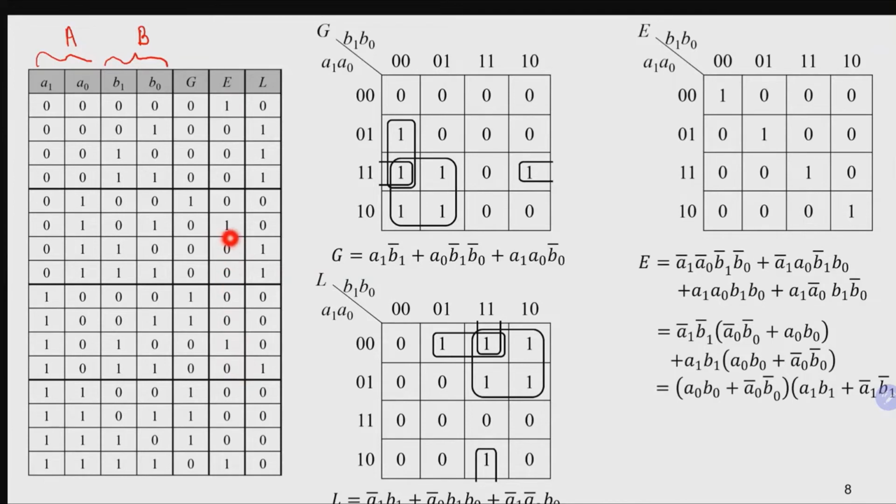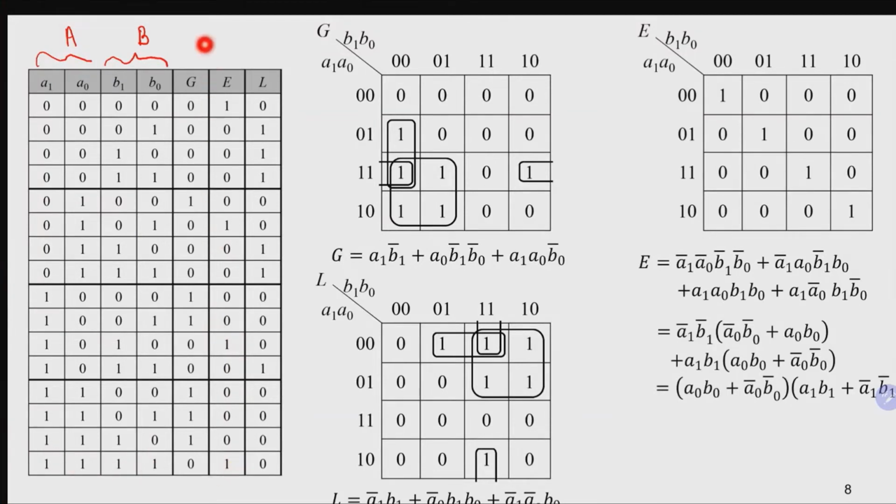Okay, so we can see here for E to be 1, both A and B are the same. Here another one, 0, 1, 0, 1. So A and B are the same. Got a 1 there. Here we got 1, 0, 1, 0, and then a 1. The other one will be 1, 1, 1, 1. Got a 1.